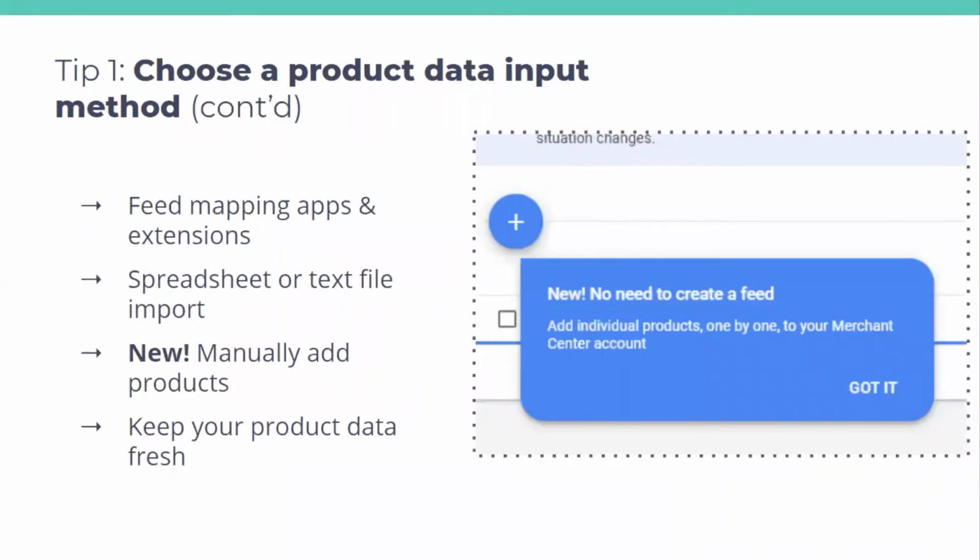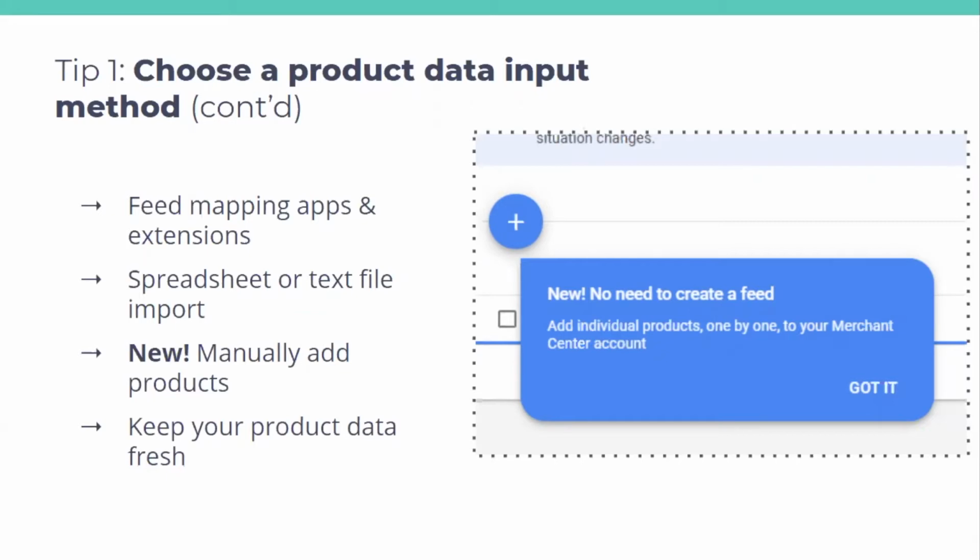Great. So next, going on about your product data input. If you do have a lot of products and a really popular e-commerce platform like we talked about with Shopify or BigCommerce, Shopify has a really easy way to integrate, but there's lots of great apps for BigCommerce, Magento, WooCommerce out there.